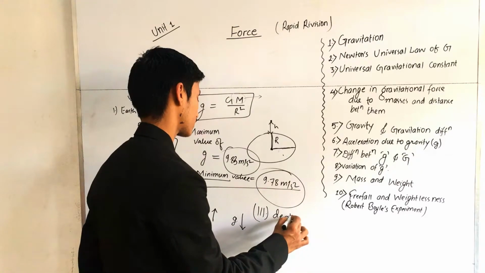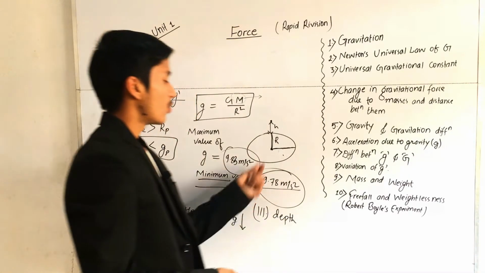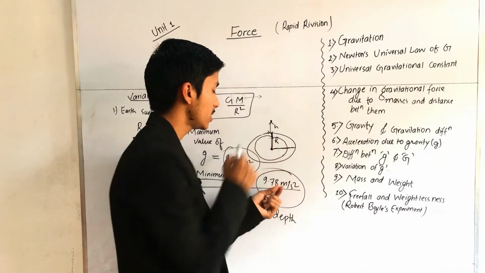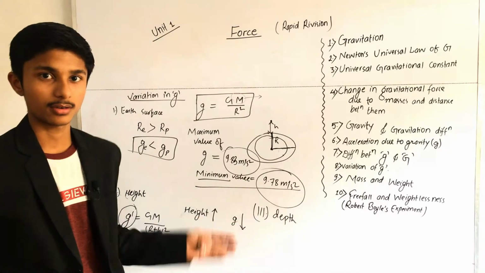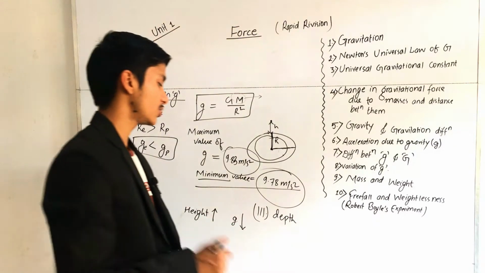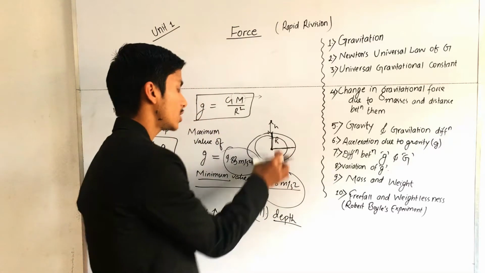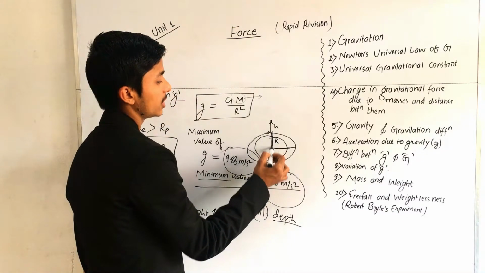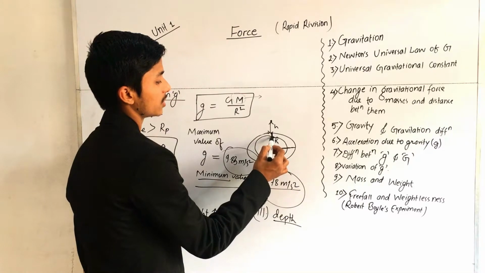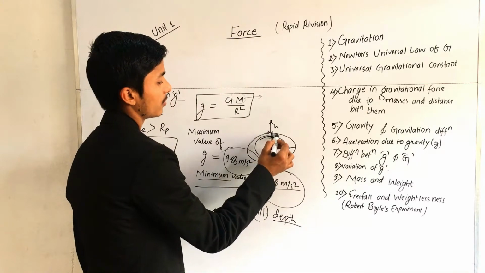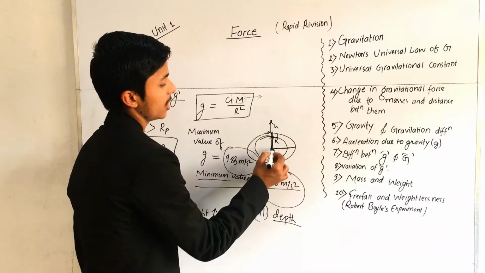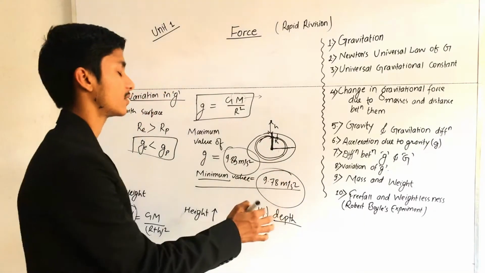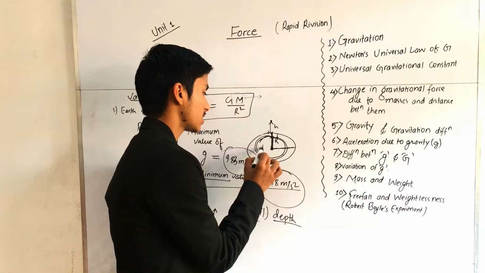Okay, when we go below the earth's surface, what will be the change in acceleration due to gravity? When we go down, then we only take a radius up to this much. When we go from here to here, we take a radius up to this much, and then we take only the mass of this one.